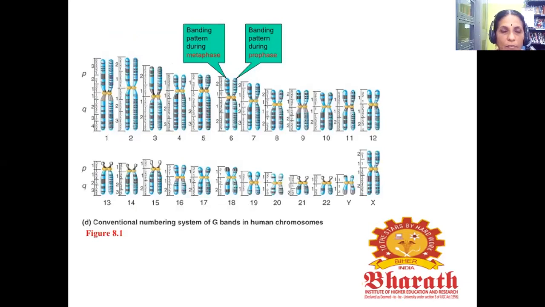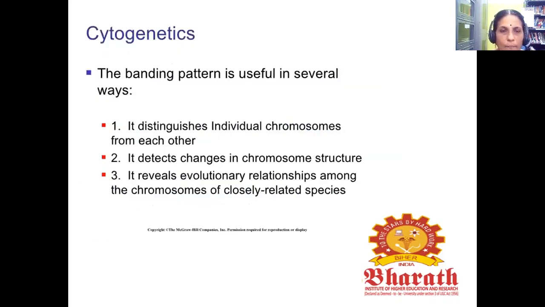You see the structure in the figure, the conventional numbering system of G bands in a human chromosome. You see the banding pattern during metaphase and the banding pattern during prophase. The banding pattern is useful in several ways. First, it distinguishes individual chromosomes from each other.